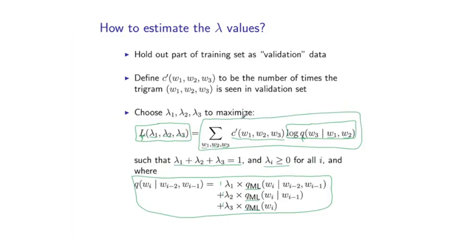So we're actually trying to pick the lambdas that minimize the perplexity of our language model and hence fit the validation data as well as possible. Now, I'm not going to go into any details of how this maximization is performed in practice, but it is in fact a fairly simple operation to solve this problem.